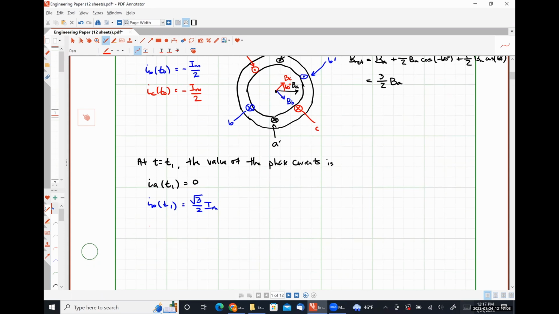And IC will come out to be negative the square root of 3 over 2 of IM.